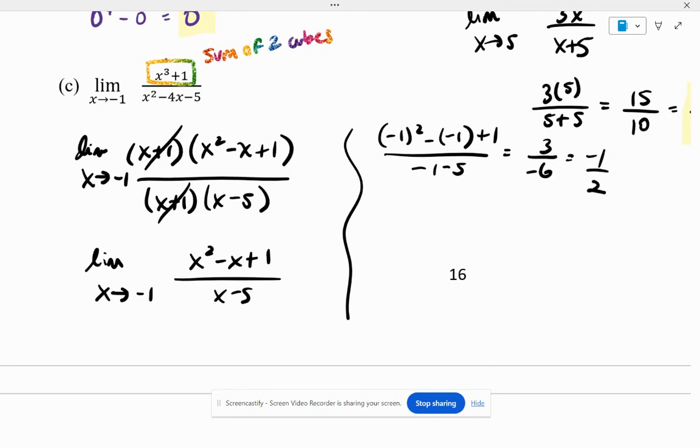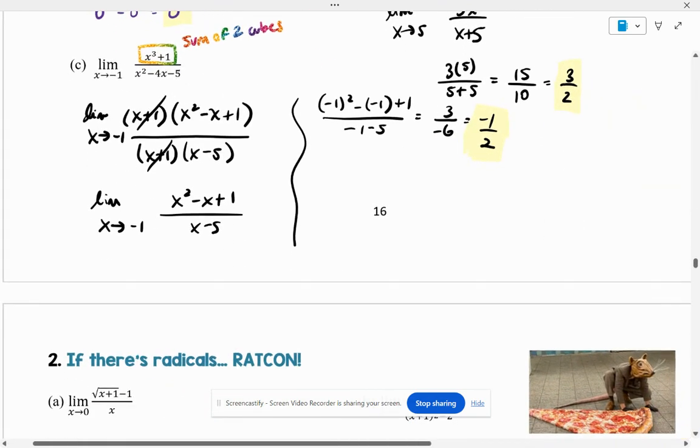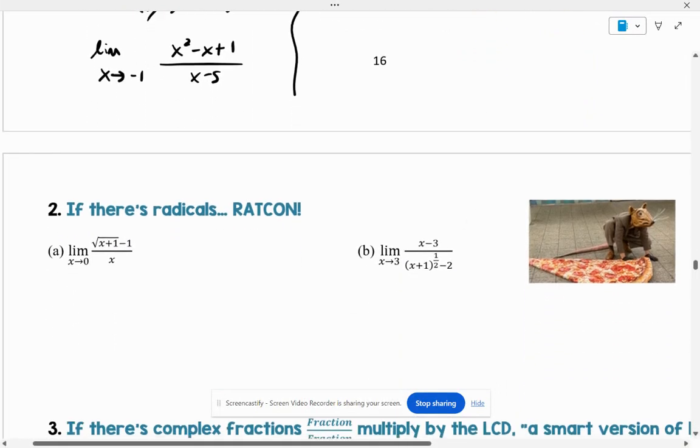All right, cool. So that was the hardest one I could think of for factoring. You would never see sum of two cubes or difference of two cubes, but just cool.